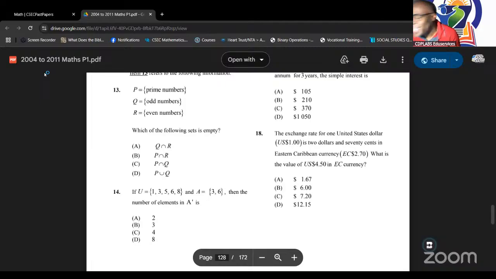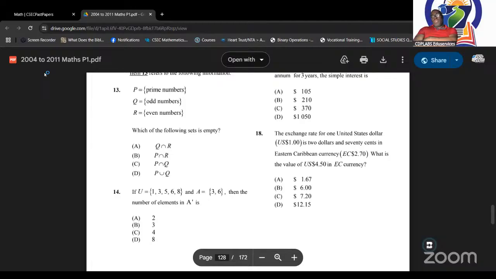Exactly. It's actually a ratio. So if it takes 1 US to give me 2.70, I could use a ratio method to figure out what 4.50 would be. Agree? Yes, sir.